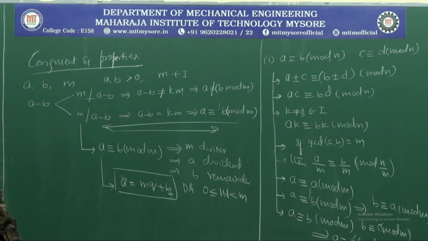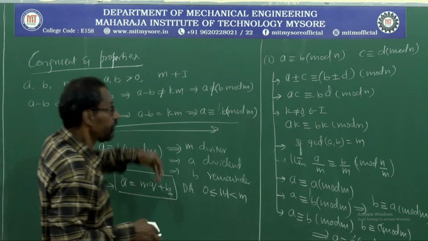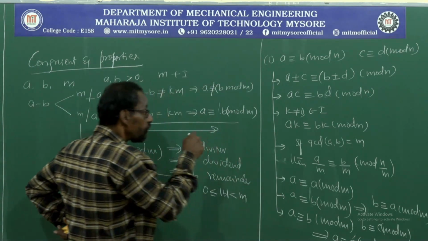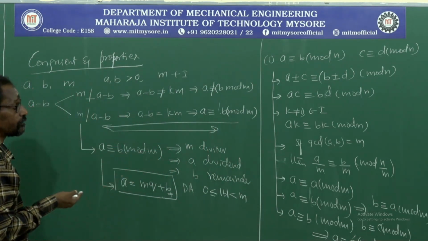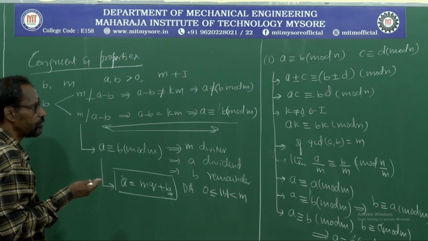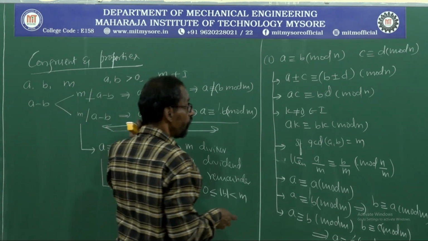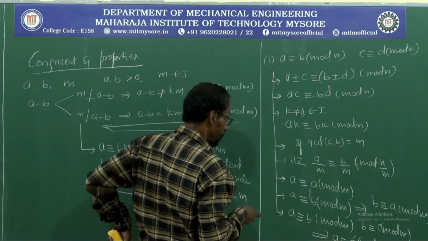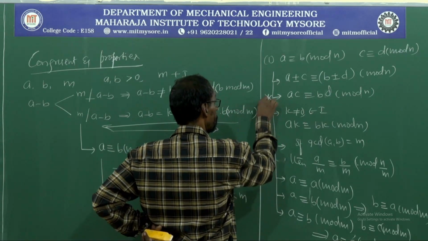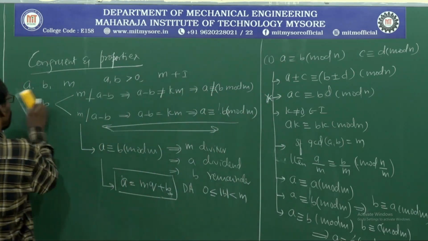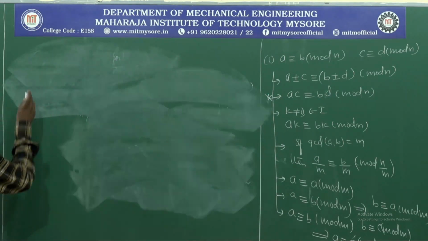The most important property that we will carry for the application part, using linear congruence, Diophantine equation and Chinese remainder theorem, is this one, the exponential rule property.